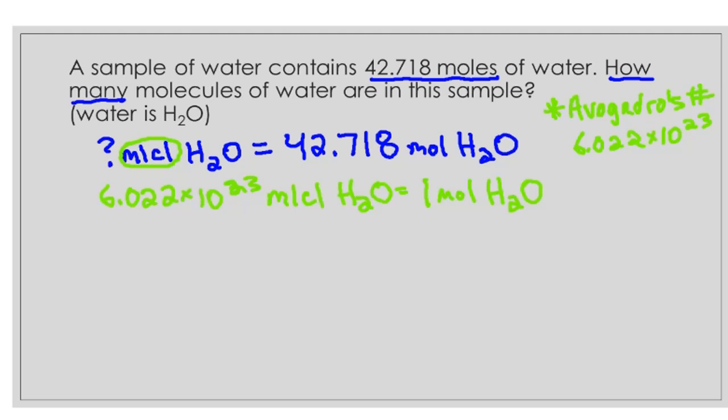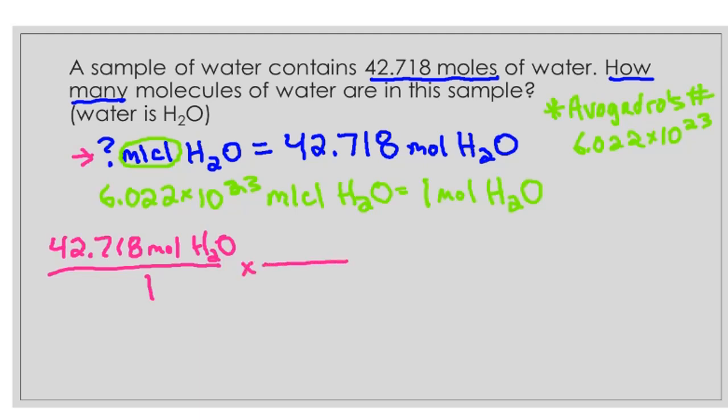So now that we have this set up, we can do the dimensional analysis. We start with our question mark statement, 42.718 moles of H2O over 1, times a fraction bar. The unit of measurement on the top we wrote was moles of H2O, so we're going to write that on the bottom.